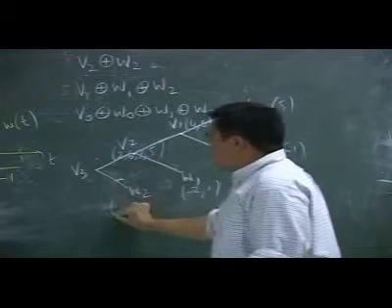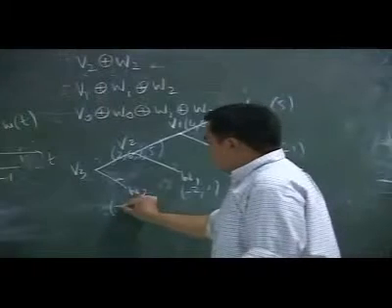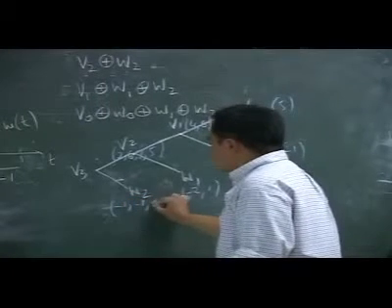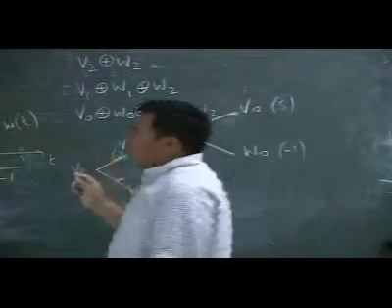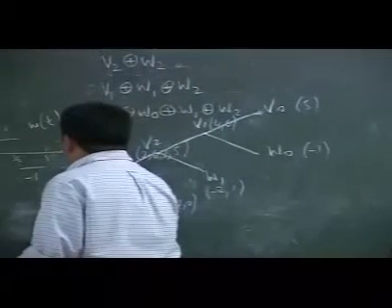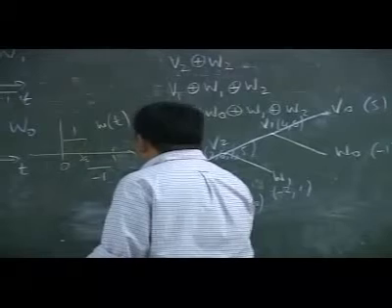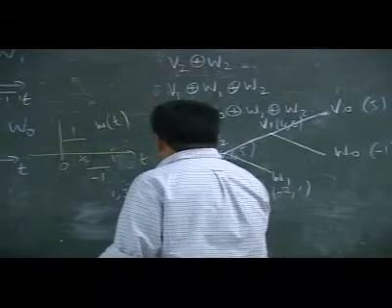How about W2? -1, -1, 0. And V3, you know, right? It's 1, 3, 5, 7, 7, 7, 5.